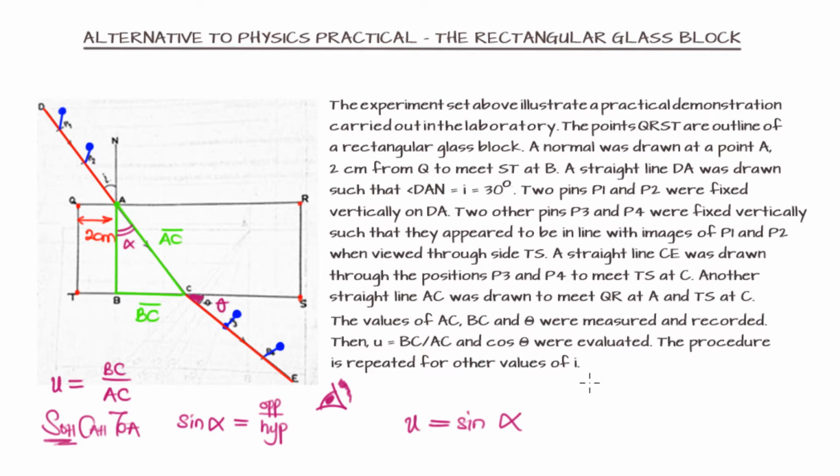So we have to get that BC, we have to get the AC, we have to evaluate cos theta, and then we repeat the procedure for other values of i. Initially, we are starting with 30. We are also going to take some other values for i. So now we can proceed with the practical question.